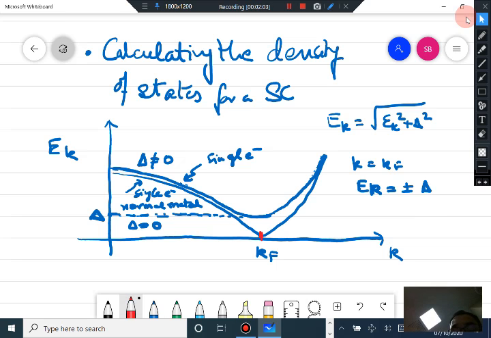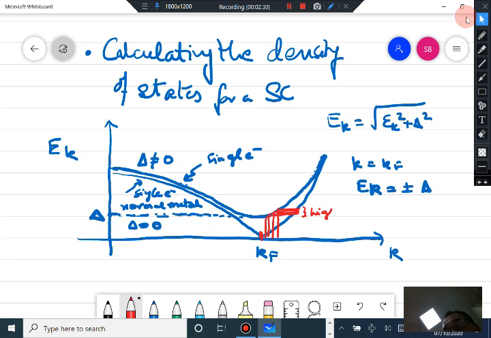If you want to calculate the number of Ek states which are available around the Fermi energy beyond delta, then you can see that this is state 1, and if you go infinitesimally close, you will have a lot of states which are very closely spaced.